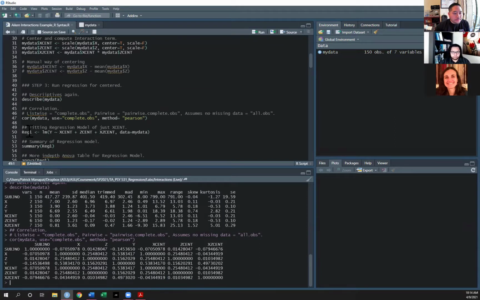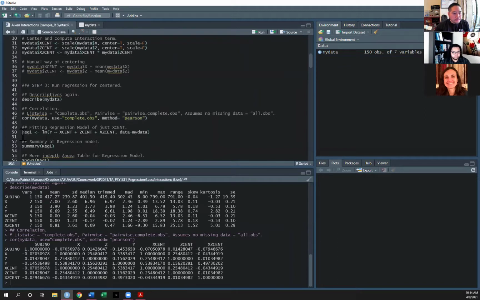Okay. And just to describe what happened in this correlation function, we ran the correlation function on the my data set. Use equals complete.obs is listwise deletion, so we want to delete any row that has a missing value. And then we want Pearson correlation, so method equals Pearson.